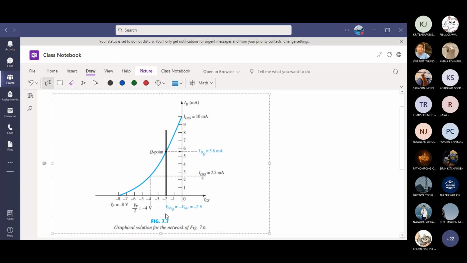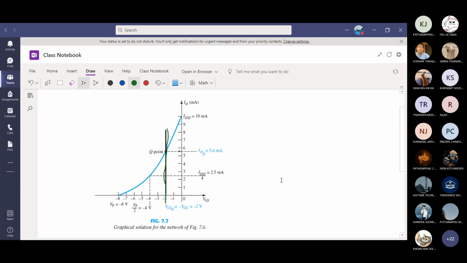VGSQ is -2 volt, right? So you already know the Q point. VGSQ, -2, is a fixed value. If you draw a straight line, straight up, the black line, you have to intersect the characteristic graph. This one you have to actually draw.